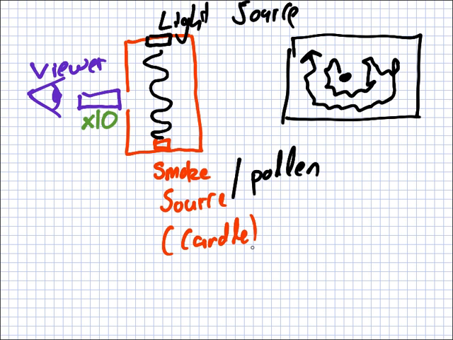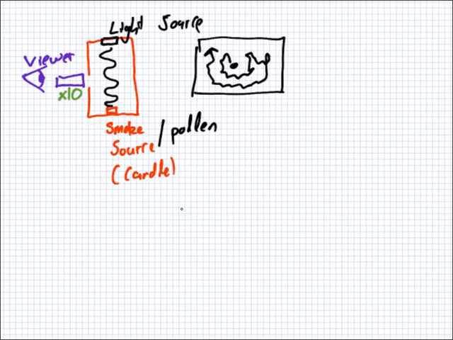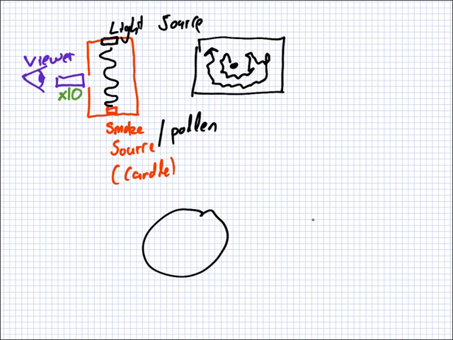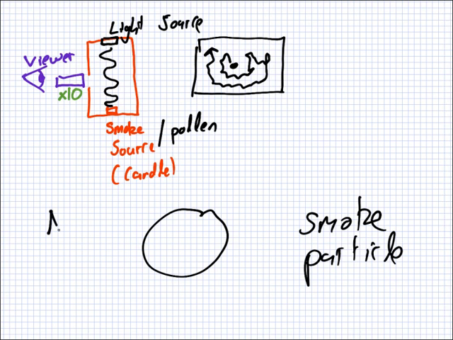Well, what's happening is this. The smoke particle is rather big. You can see it with the magnifying glass. What you can't see are the air particles. Like, for example, what's in air? Nitrogen, isn't it? Yeah. That's N2, isn't it? Yeah. What you can't see is the N2.